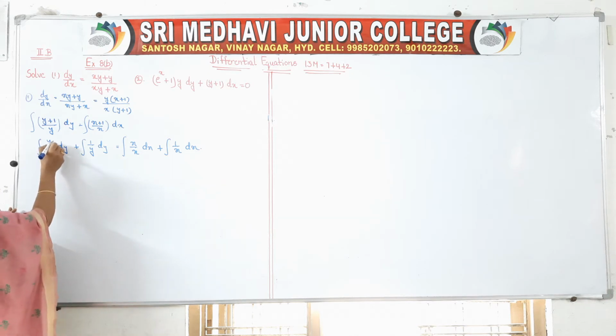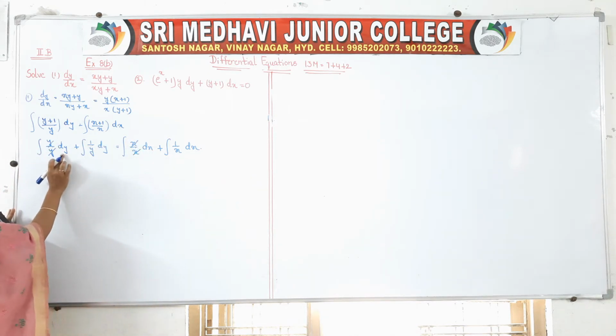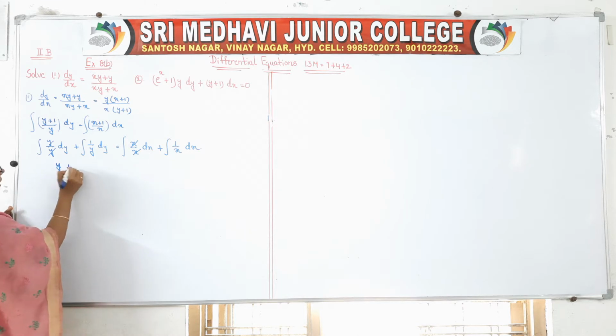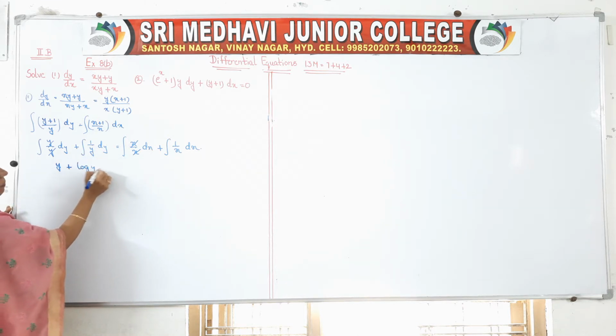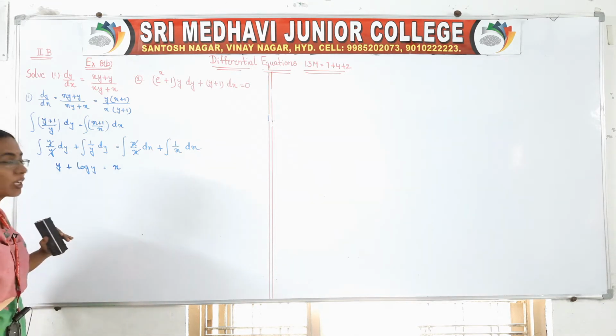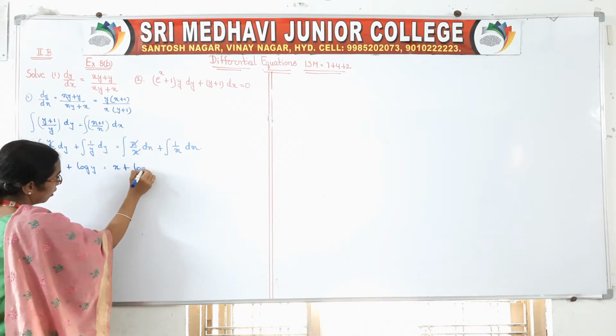So, y cancel, x cancel, integral dy is y, just like integral dx is x, right, plus integral 1 by y dy is log y, is equal to integral dx is x, okay, and integral 1 by x dx is log x.